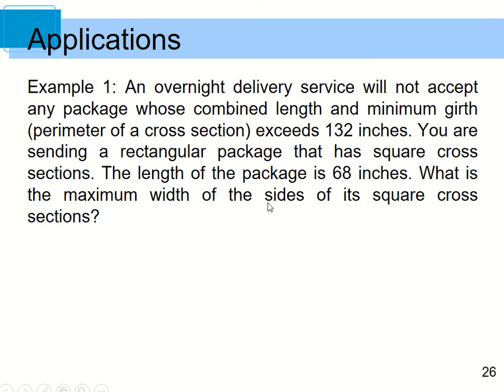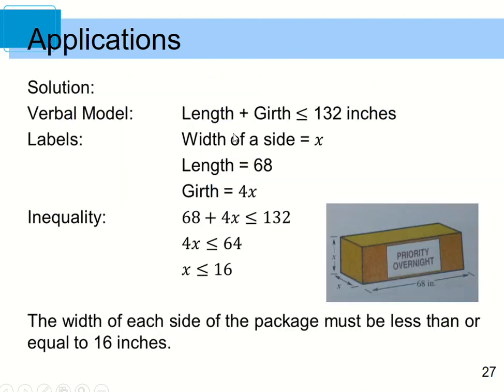First, the combined length and the minimum girth, the perimeter of the cross-section, should not exceed 132 inches. So we have this inequality: the length plus the girth is less than or equal to 132 inches.